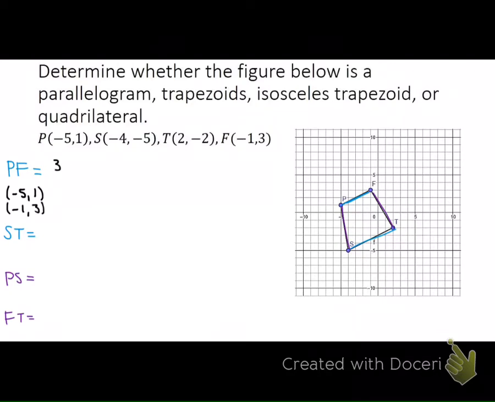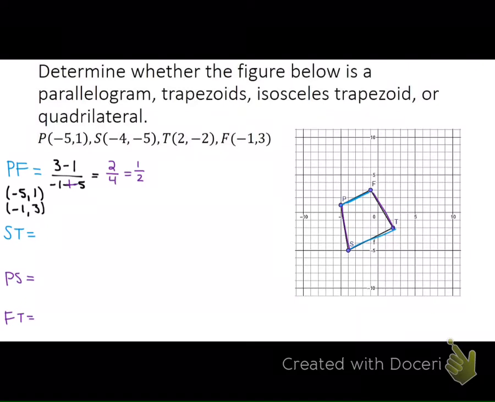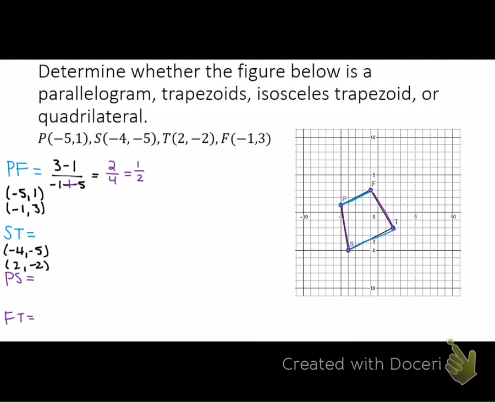So I have 3 minus 1 over negative 1 minus a negative 5. So that is 2 over 4, which is a half. T is 2, negative 2.